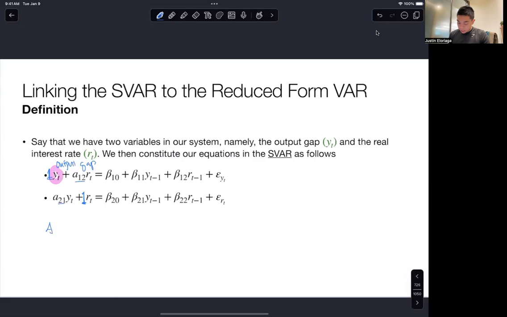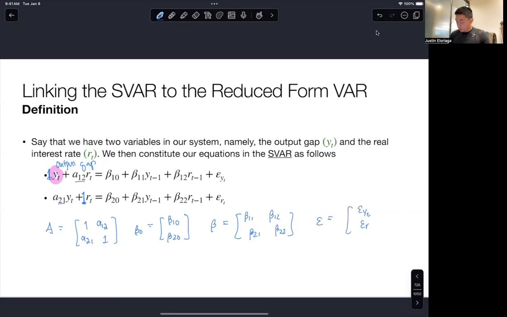And then you have these. So matrix A is essentially [1, A12; A21, 1]. And then we have beta naught, which is [beta 10; beta 20]. And then we have beta, which is [beta 11, beta 12; beta 21, beta 22]. And then we have epsilon, which is [epsilon y_t; epsilon r_t].